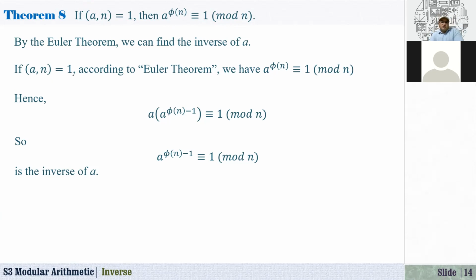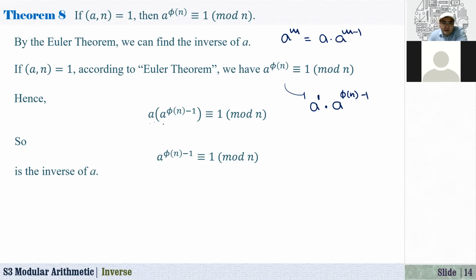So if the gcd of a and n is equal to 1, according to Euler theorem, now we have a to the power of phi of n is congruent to 1 mod n. By using the index laws, I can write a to the power of phi n as a times a to the power of phi of n minus 1. So here we have a times a to the power of phi n minus 1 is congruent to 1 modulo n.